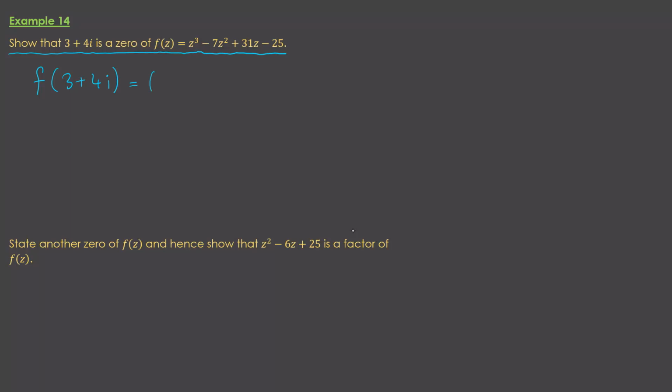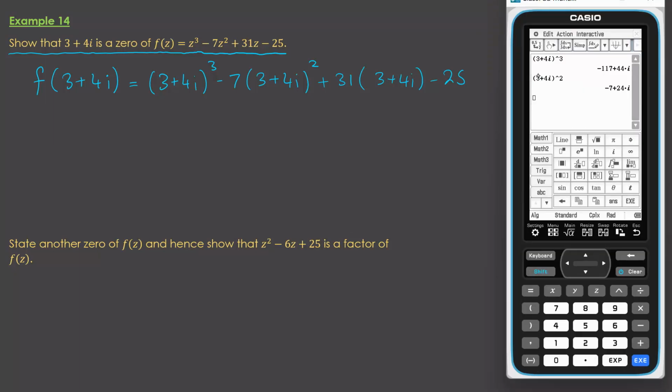So that's going to be 3 plus 4i cubed, take away 7 times 3 plus 4i squared, plus 31 times 3 plus 4i, take away 25. To save time, I've actually worked out 3 plus 4i cubed and 3 plus 4i squared on my ClassPad.